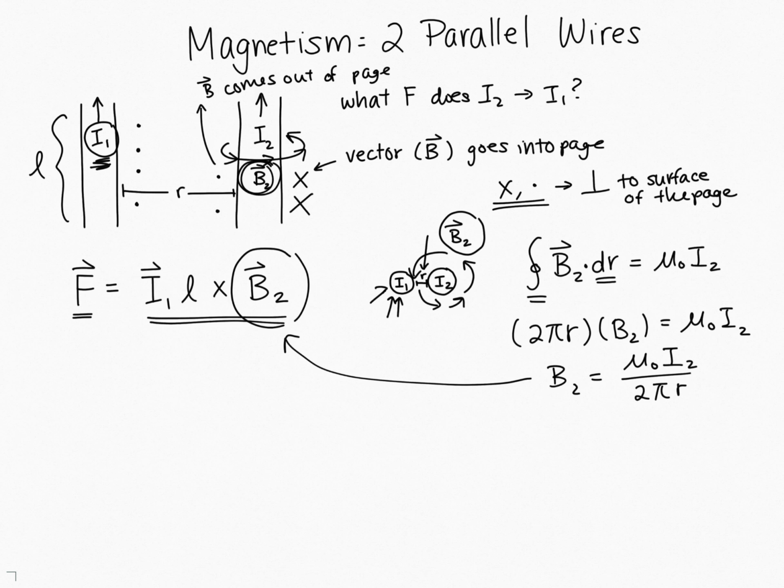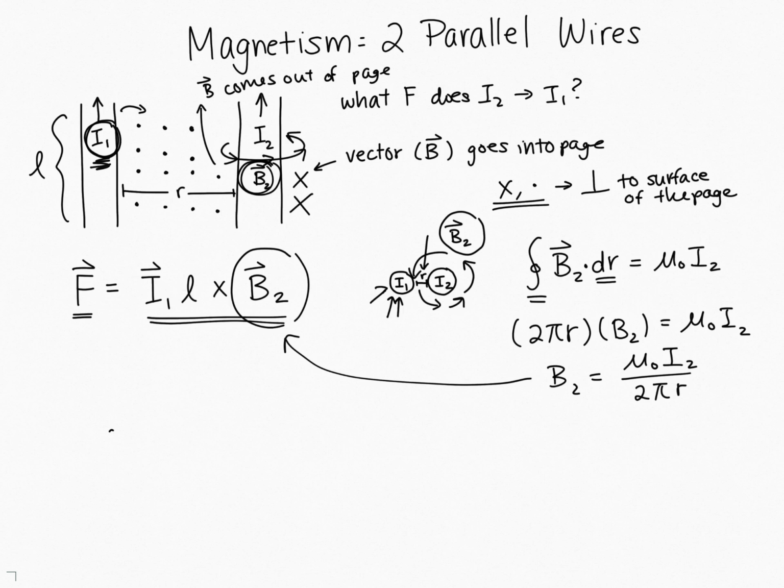Now, as we have mentioned before, the magnetic field caused by our second wire is going to point out of the page, toward us, on the right side of our I1 wire here.